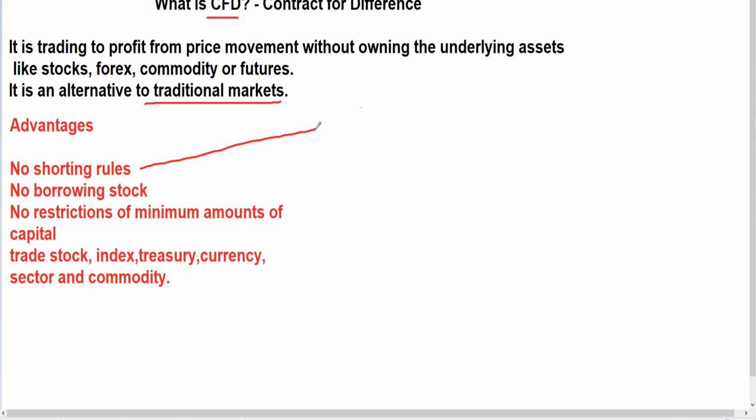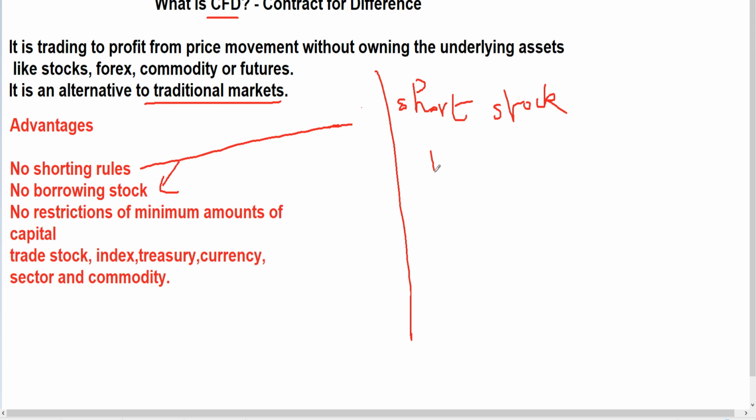No shorting rules, no borrowing stocks. It means when you are going to, let's say, short a stock, I will give you what you do in the traditional way. You want to short a stock, so what you should do is borrow.